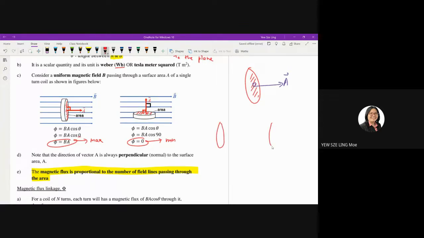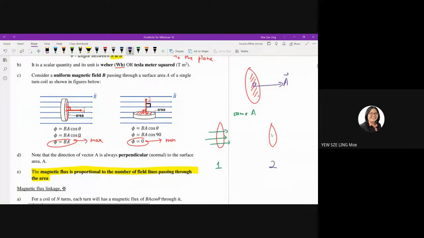So for instance, if you have two coils with the same surface area, these two coils have the same A. Now I'm going to look at the number of lines passing through each. For example, in diagram 1, this first coil has, let's say, 3 magnetic field lines passing through it.